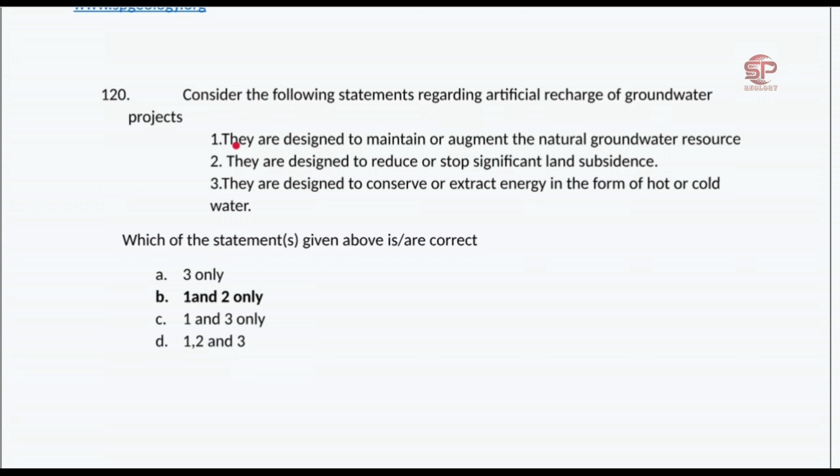So 1 and 2 will be correct. Then they are designed to conserve extra energy in the form of hot and cold water. No, it is incorrect. They are only used for natural groundwater recharge. If you do not recharge, then there will be significant subsidence. So option 1 and 2 will be correct.